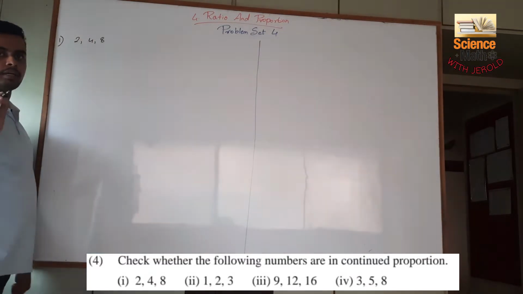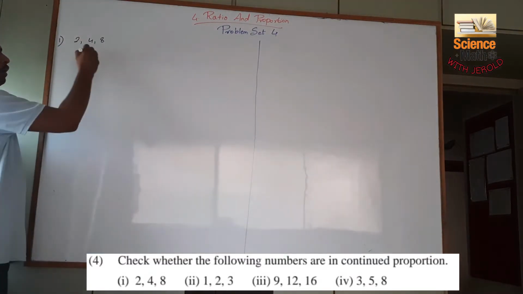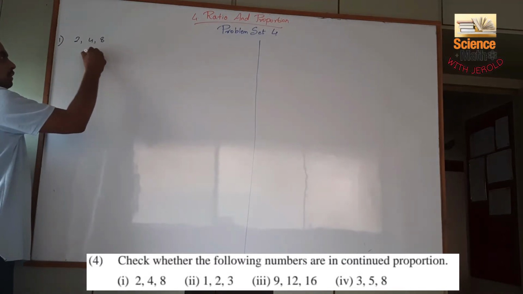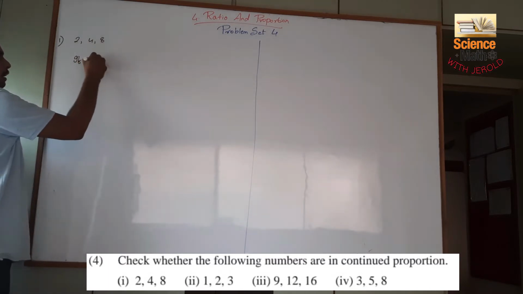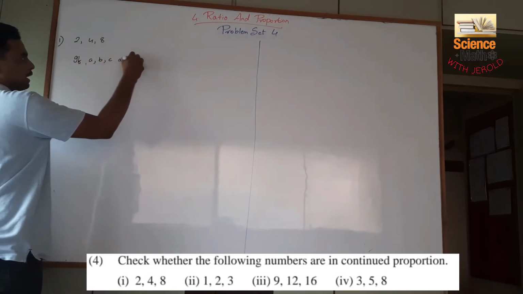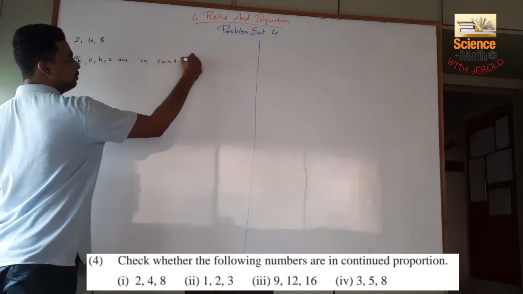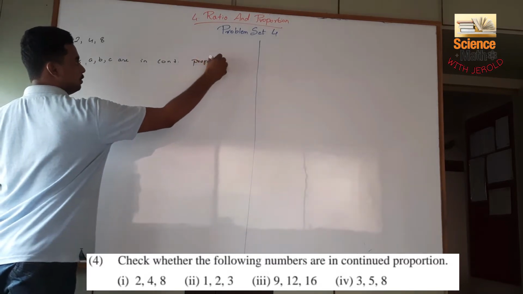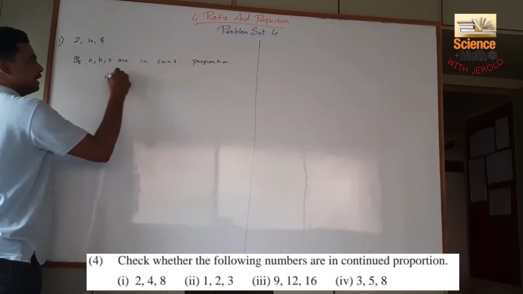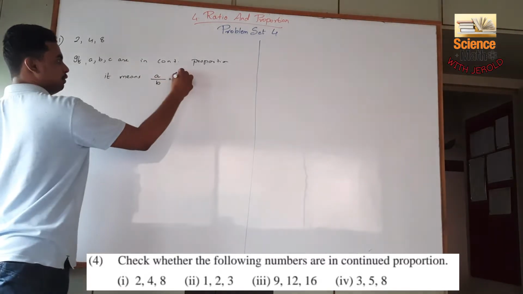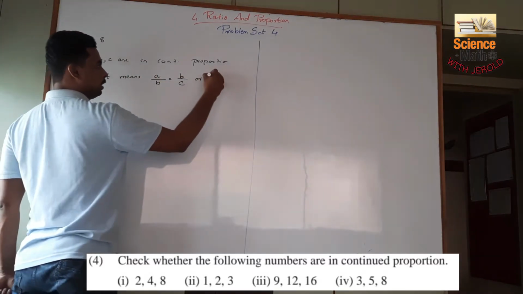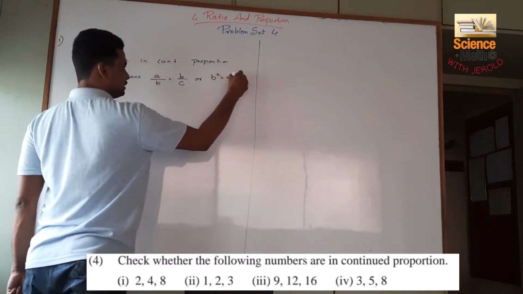To check whether numbers are in continued proportion, we have to consider three numbers A, B, C. If A, B, C are in continued proportion, it means that A upon B is equal to B upon C, or B squared is equal to AC.